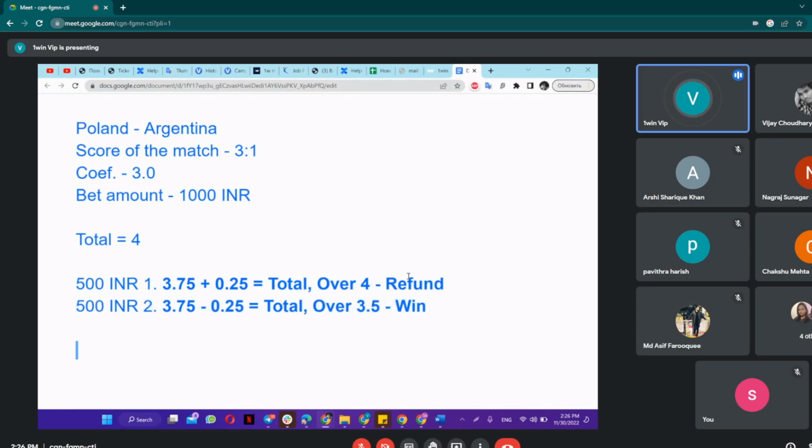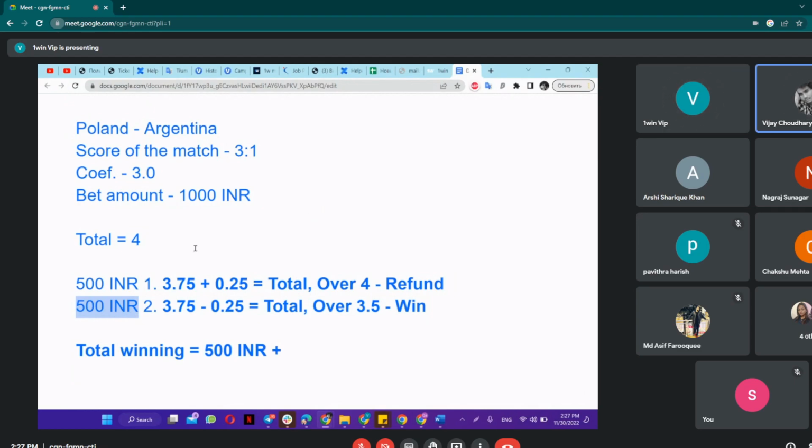Okay, so refund 500 INR, so total winnings will be 500 INR of refund plus we have the winning bet of 500 rupees. Who knows how to calculate the winnings for this?